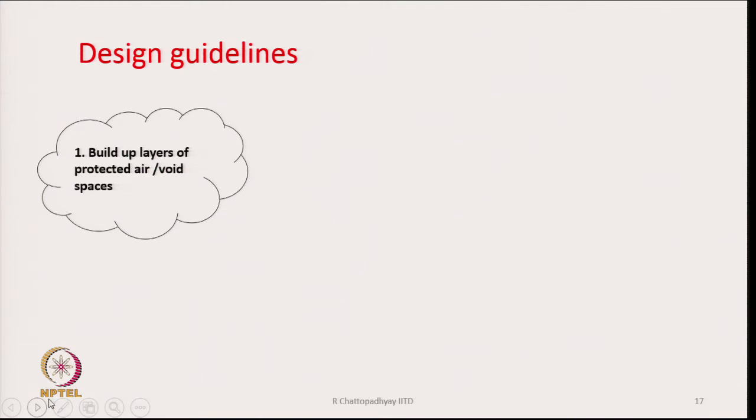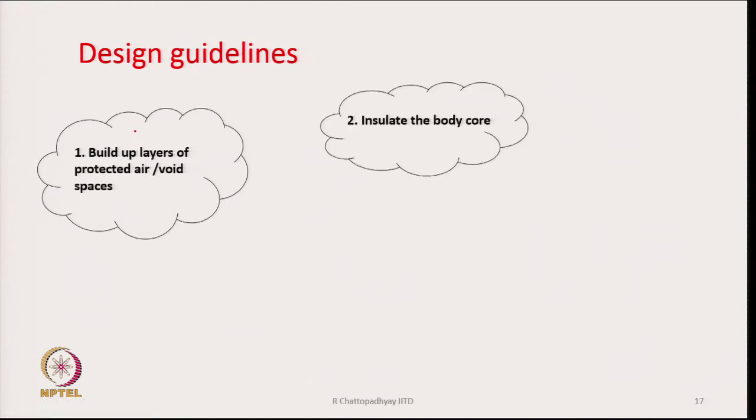In the design guidelines, therefore, what are important points is build up layers of protected air and void spaces, because I need more insulations, and insulation mainly comes from void spaces. So, this is important from point of view of insulations.